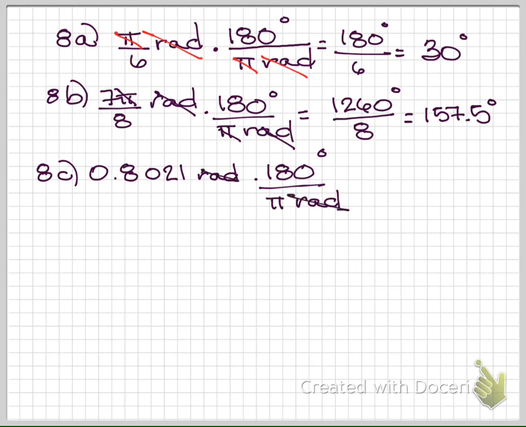My radian label still cancels. I multiply my two numerators. I get 144.378 degrees over pi, which ends up being 45.96 degrees if we round correctly to 2 places.